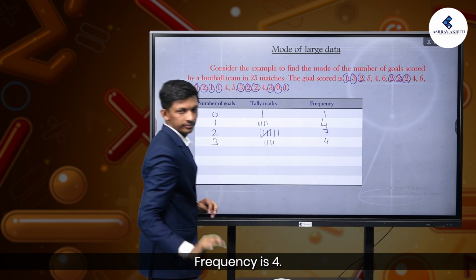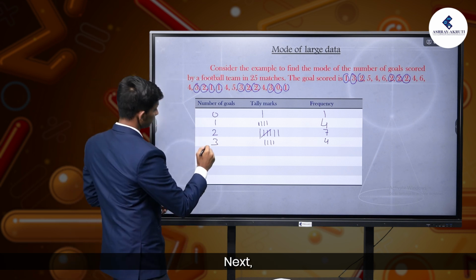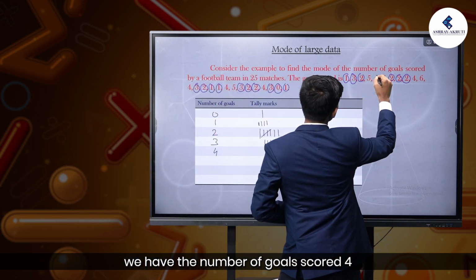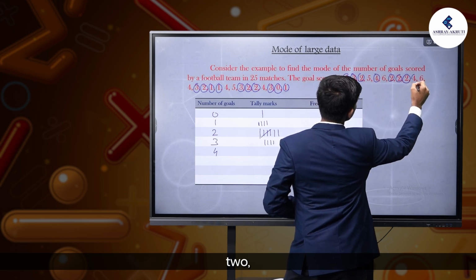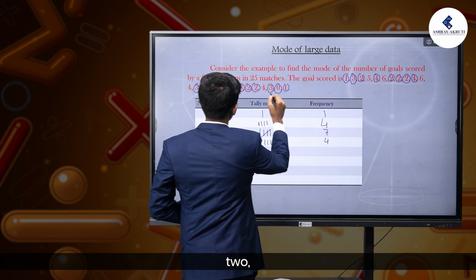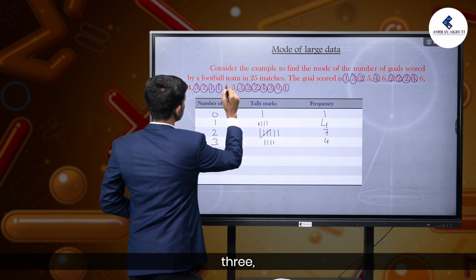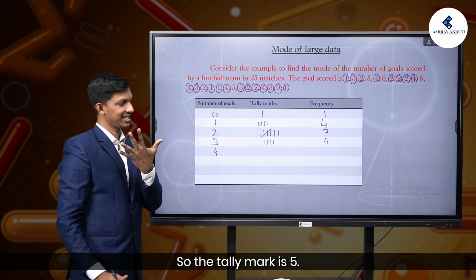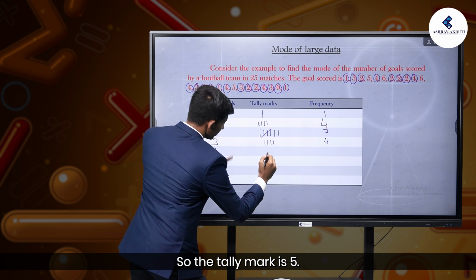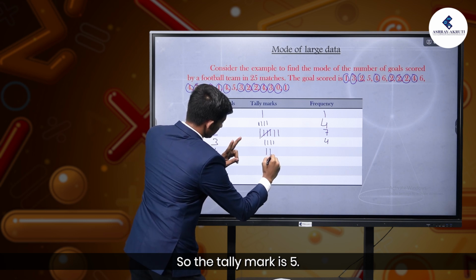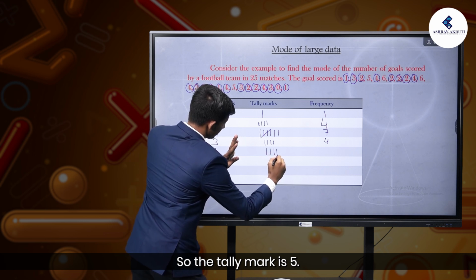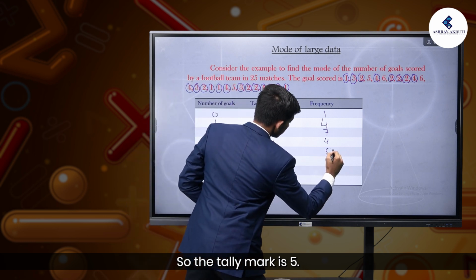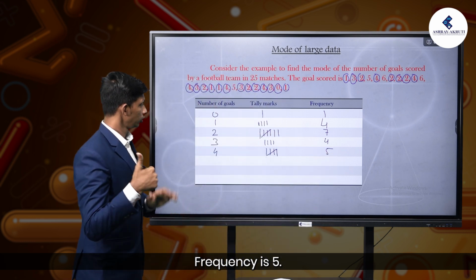The frequency is 4. Next, we have the number of goals scored 4: 1, 2, 3, 4 and 5. So the tally mark is 5 and the frequency is 5.